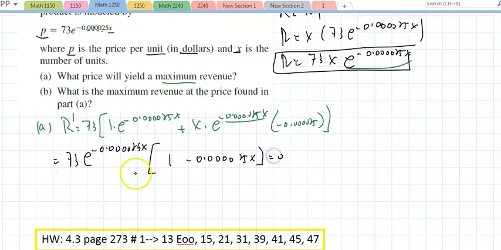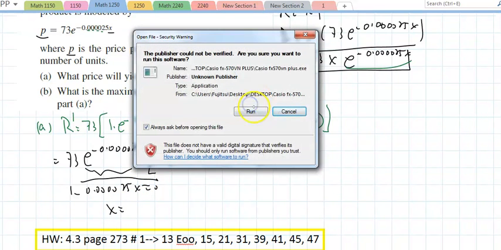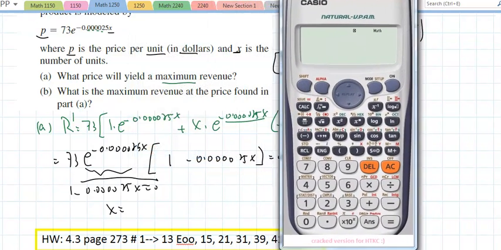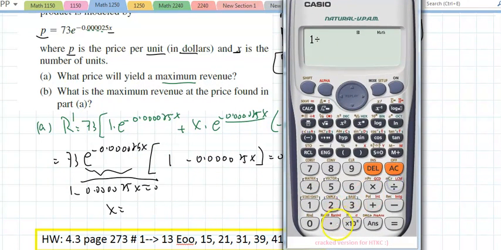Nowhere. Where does this equal 0? This can never equal 0. So it has to be that 1 minus 0.000025x equals 0. Move that 1 over and divide. And if I get my calculator out, I'm looking for 1 divided by 0.000025, 40,000.